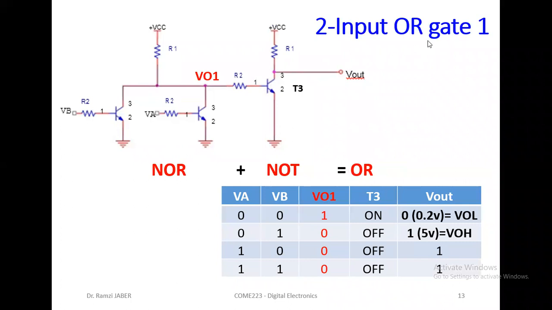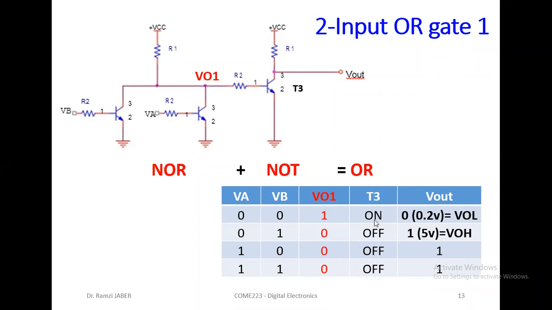So this method gives us the first circuit to create OR. So this is OR. The output of the NOR is 1, 0, 0, 0, as we said before. Now we put inverter here.